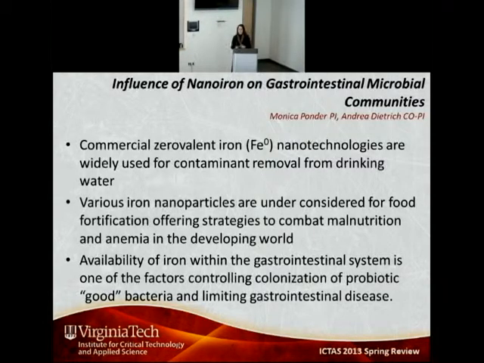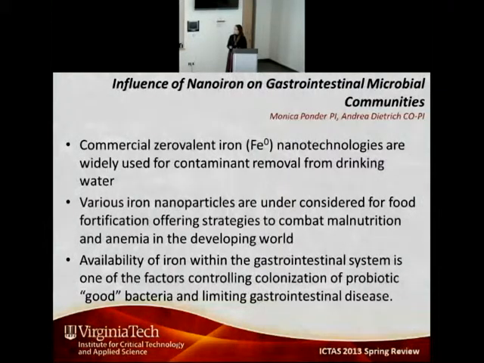Nanoiron is being used commercially. It's being used for removing contaminants from drinking water, and you can actually detect appreciable amounts of nanoiron in normal municipal water supplies that are using these treatment sources. And there are also a number of different nanoiron particles being considered for addition to meal supplement bars.